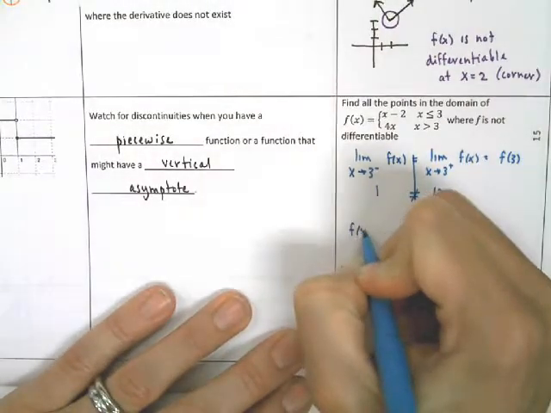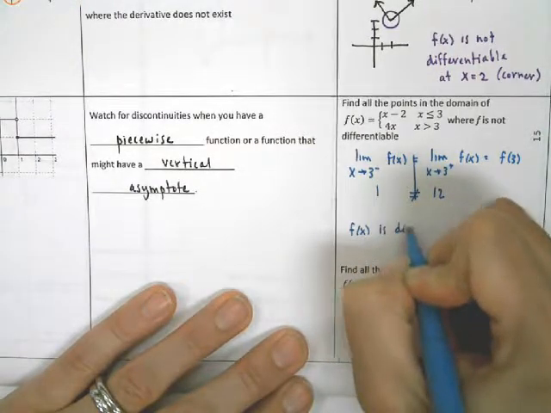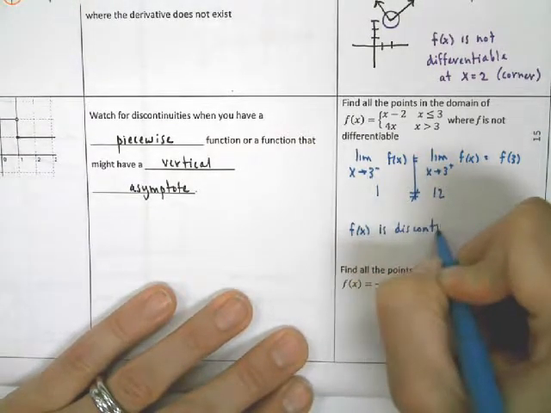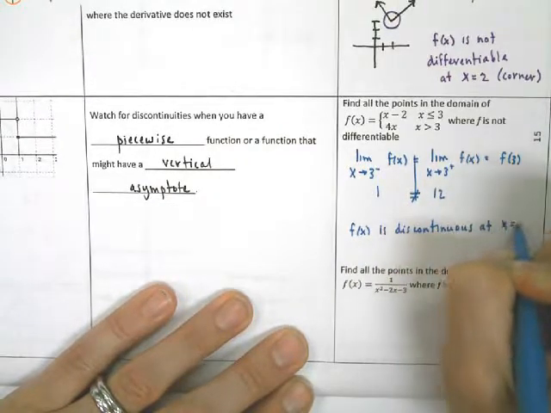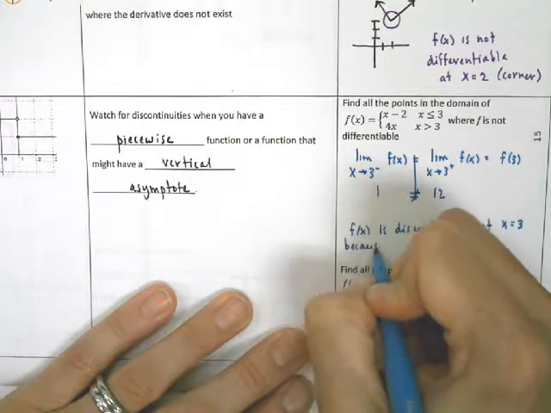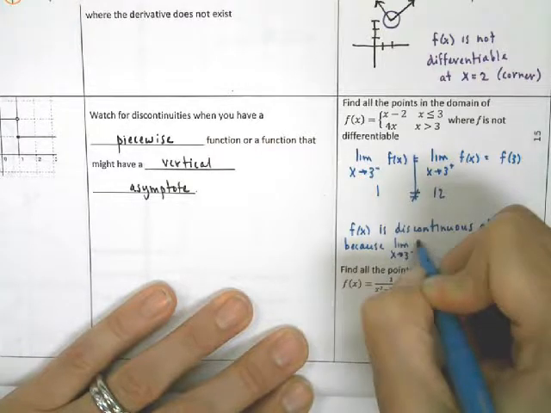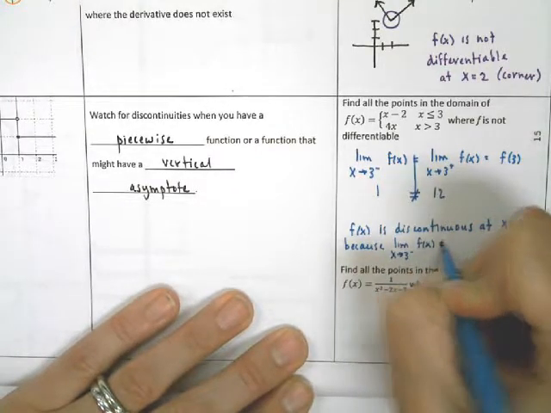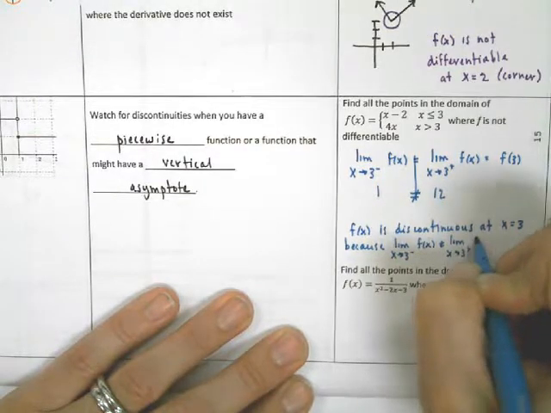So I would say that f of x is discontinuous at x equals 3, right, because those limits are not the same. The limit as x approaches 3 from the left of f of x is not equal to the limit as x approaches 3 from the right of f of x.